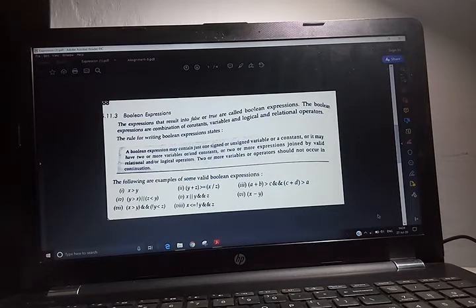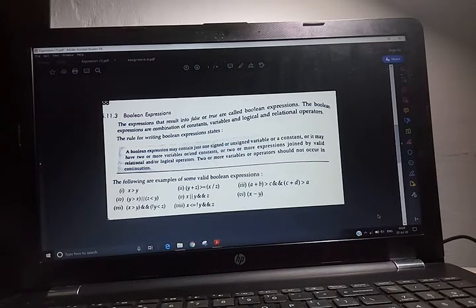A Boolean expression may contain just one signed or unsigned variable or a constant, or it may have two or more variables. Two or more variables or operators should not occur in continuation.